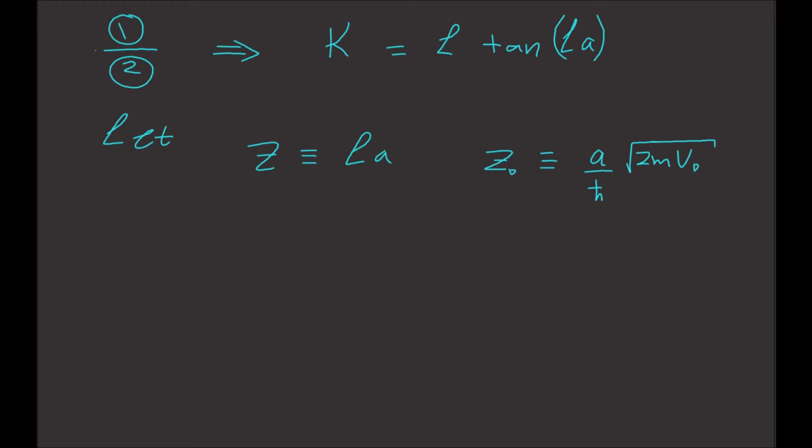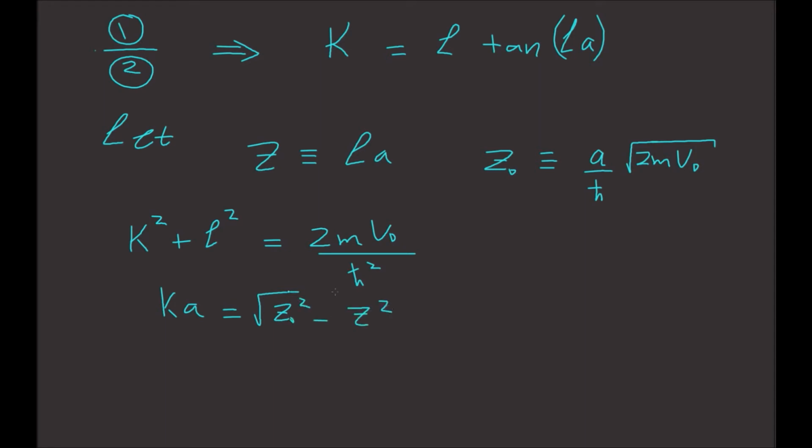Now k squared plus L squared is equal to 2m v naught divided by h bar squared. So k times a is equal to the square root of z naught squared minus z squared.